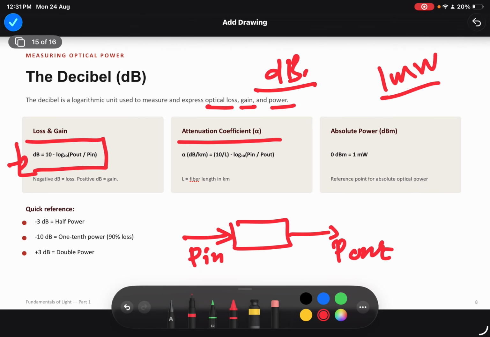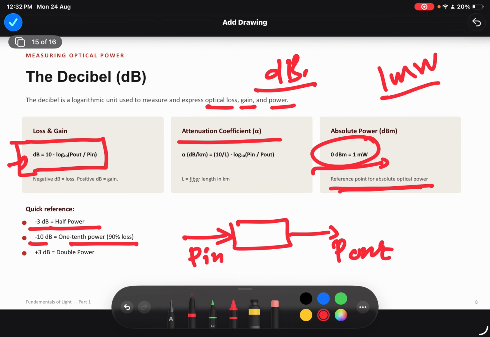Absolute power we always take as 0 dBm, that is 1 milliwatt. So this is the reference point for absolute optical power. Since it is all a logarithmic scale, there is a quick reference: we take minus 3 dB as half power, minus 10 dB as one tenth or 90% loss, and plus 3 dB as double power.